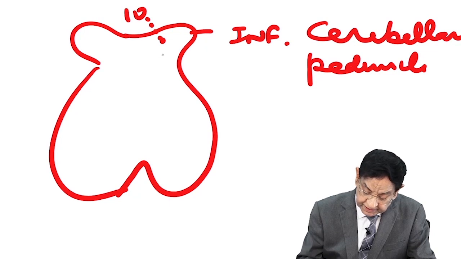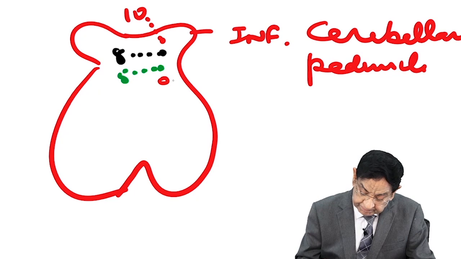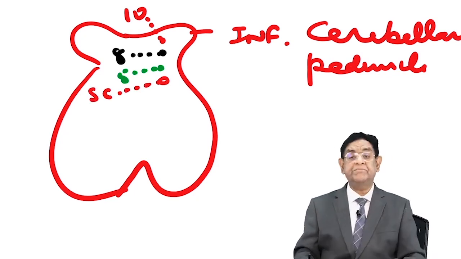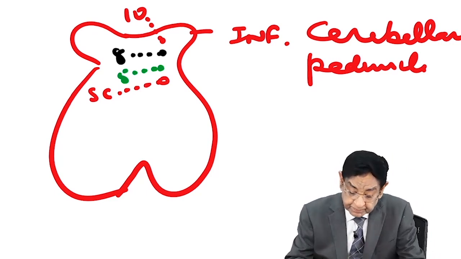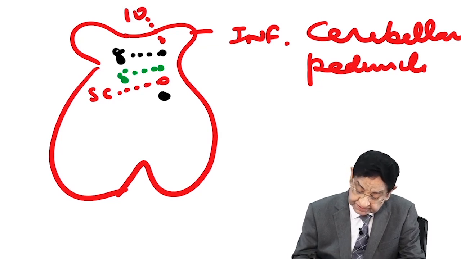This is the 8th nerve nucleus. This is the 5th nerve nucleus. And this is the sympathetic chain. And here is the spinal lemniscus.